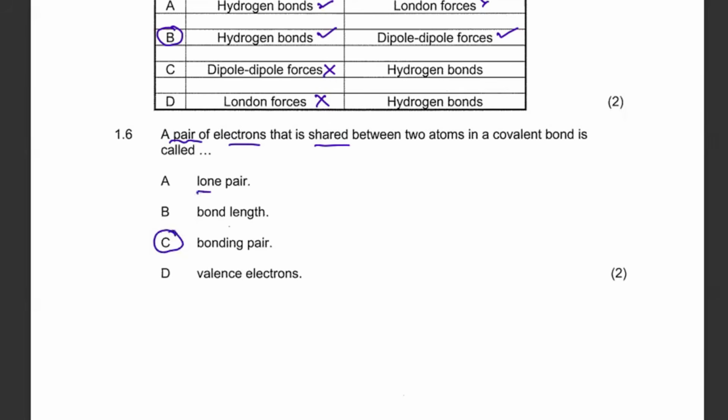Remember the lone pair is the one that, for example, if we're having oxygen from the periodic table, if you check the periodic table, how many electrons does oxygen have on the outer shell? It has 6 electrons on the outer shell: 1, 2, 3, 4, 5, 6, right?